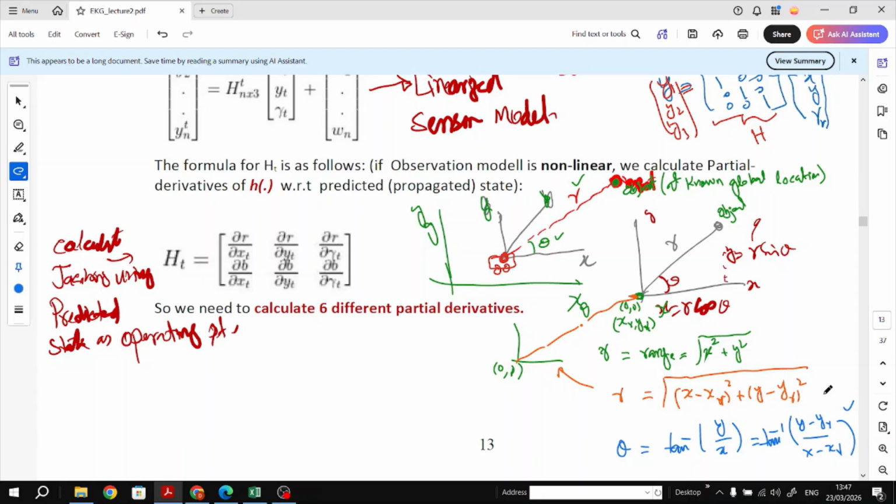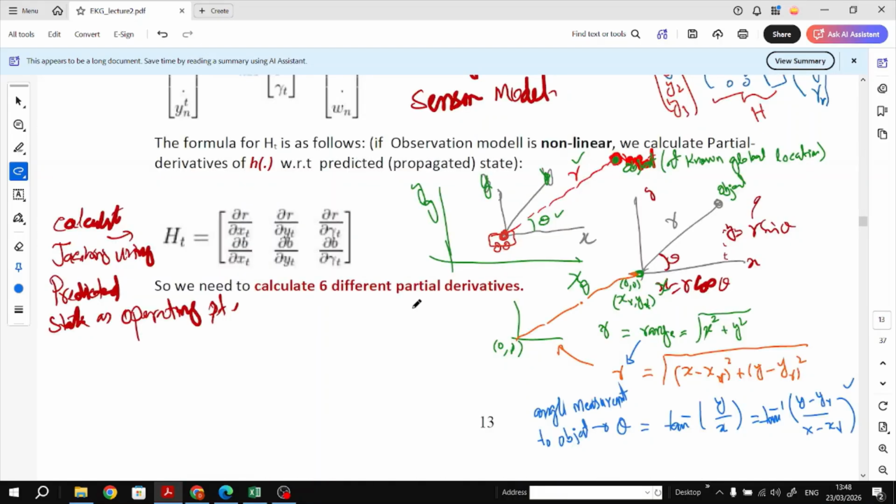So your robot can be located at any location xr, yr, and then you have the angle measurement to the object at known location, and this is the range measurement to the object at the known location. So these are your two sensor measurements, range and angle to the object at known location in the global frame.